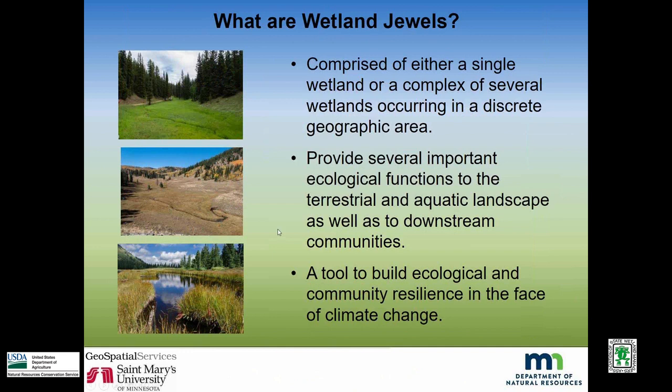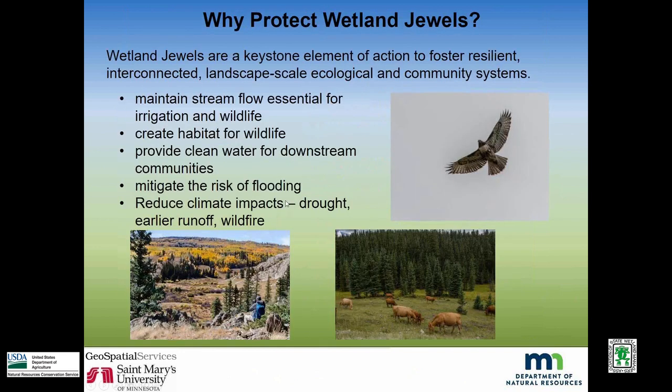So the first step in the process was to inventory the wetlands themselves and educate the local stakeholder community on why those wetlands, as we inventory them, are important. And so there was a lot of communication involved in that process, and this is some of the basic information that was shared with stakeholders as we went through the inventory process.